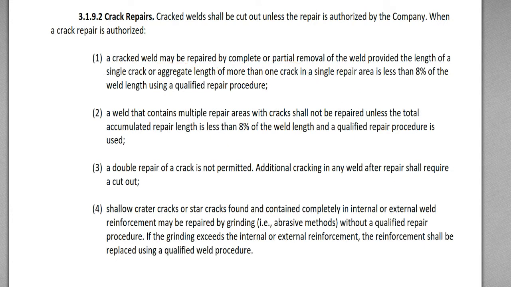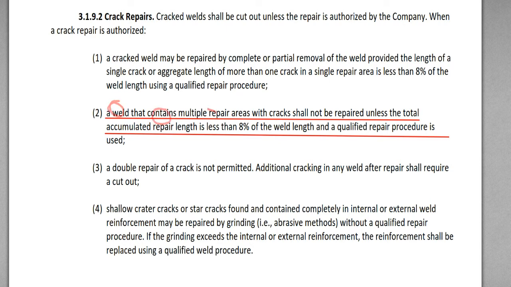And number 2, the weld repair condition for number 2. A weld that contains multiple repair areas with cracks should not be repaired unless the total accumulated repair length is less than 8% of the weld length and a qualified repair procedure is used.